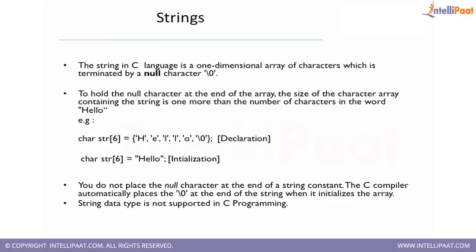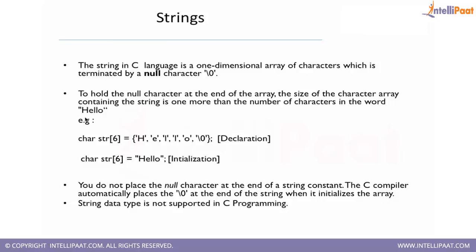Okay, let's begin with what strings are. A string in the C language is a one-dimensional array of characters, and this one-dimensional array is terminated by a null character, or \0. To hold the null character at the end of the array, the size of the character array containing the string is one more than the number of characters in the word.